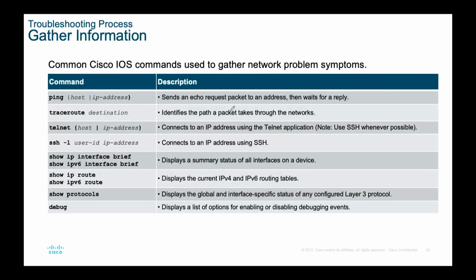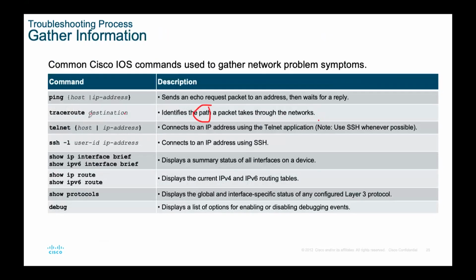Then traceroute, with a host or IP address parameter. This identifies the path a packet takes through the network. This one is more about the path.